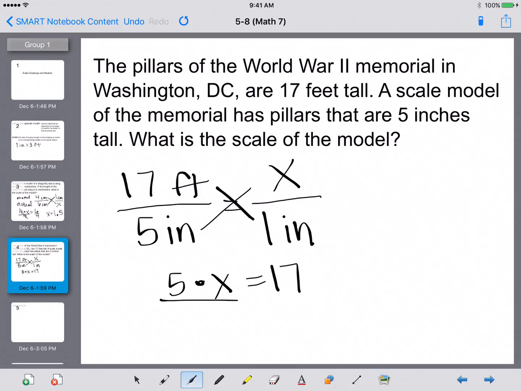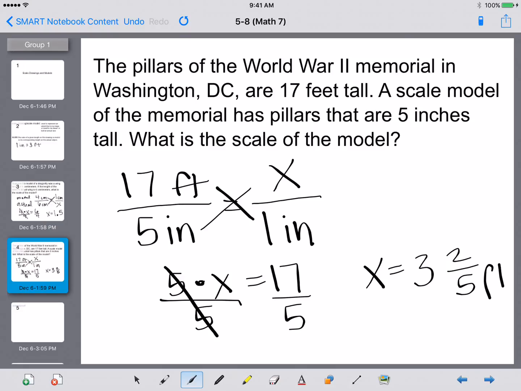To get x by itself, we divide by 5. What you do to one side, you do to the other. Our 5's cancel out, and we get x equals 17 over 5. 5 goes into 17 3 times, and there is 2 left over, so 3 and 2/5 feet to 1 inch.